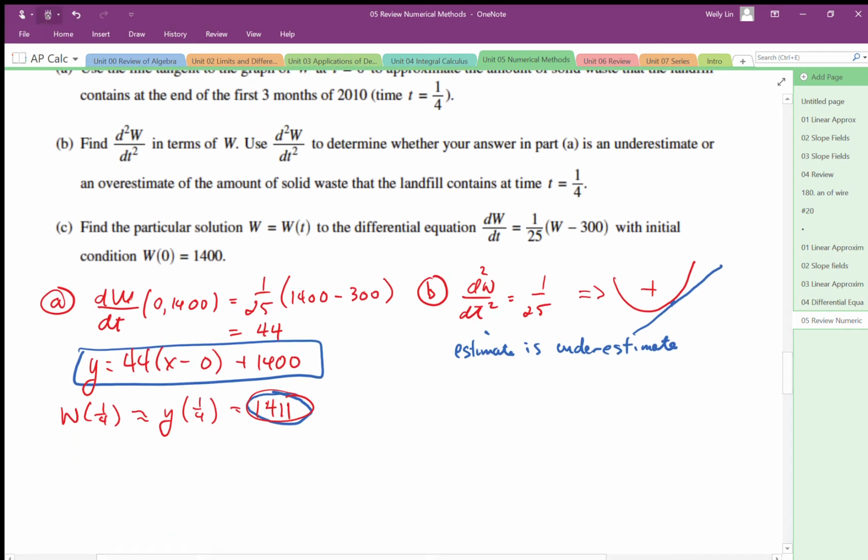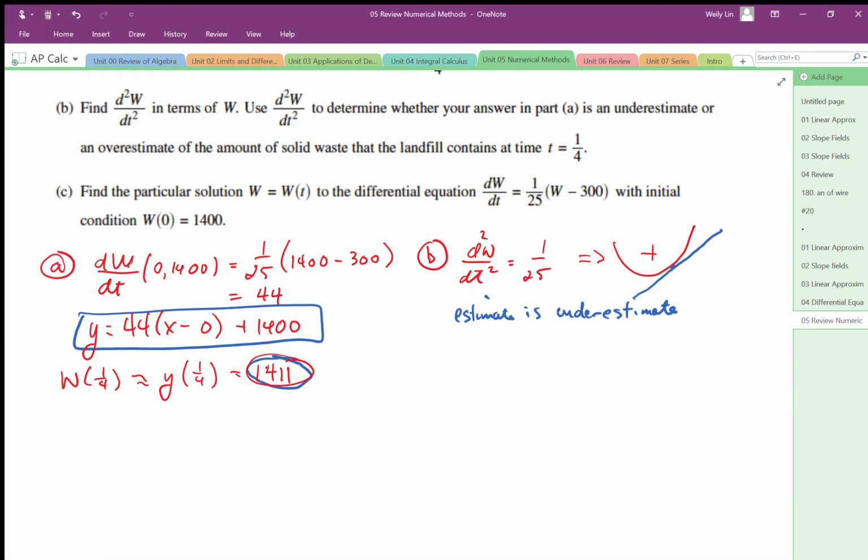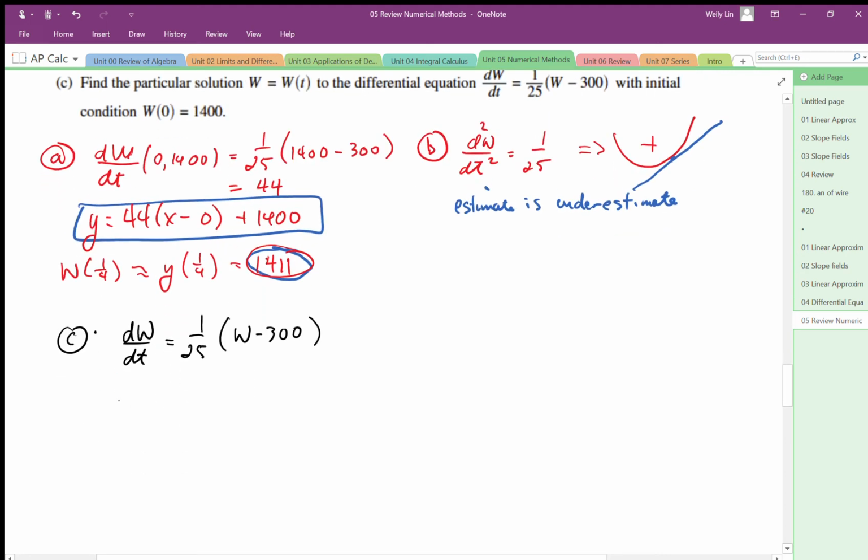Part C, okay, let's do part C. It says find the solution to this differential equation where we have a coordinate at (0, 1,400). So for part C, we're just going to separate out those variables. dW over W minus 300 is equal to 1 over 25 dt.